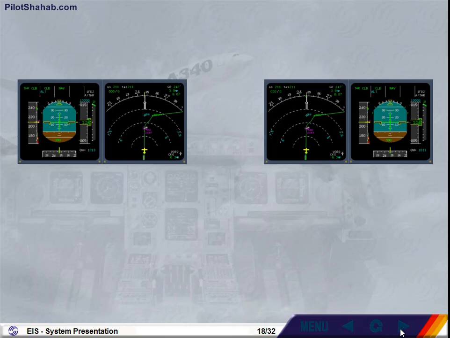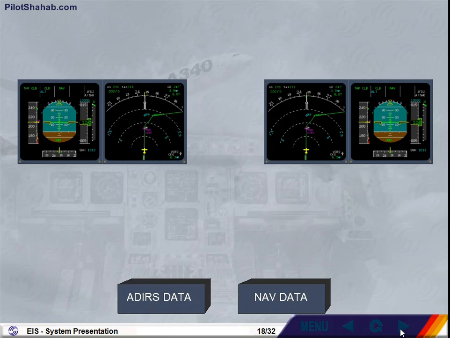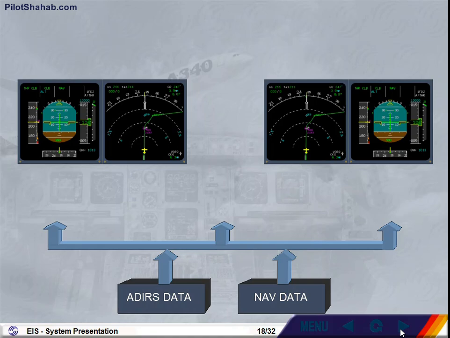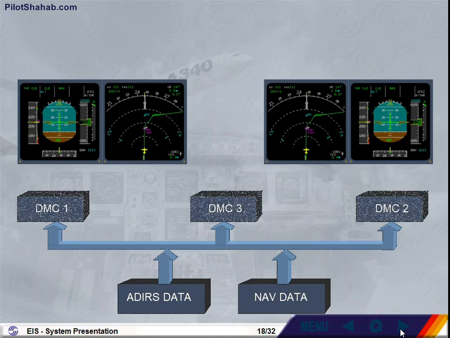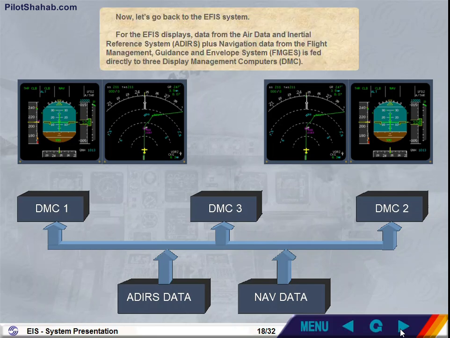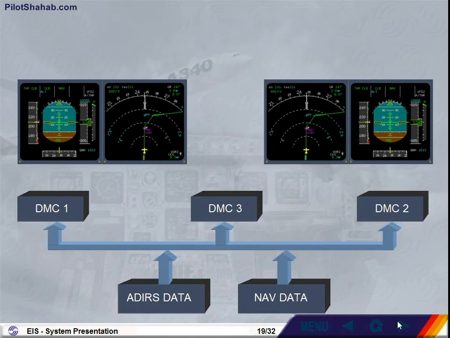For the EIS displays, data from the Air Data and Inertial Reference System, ADIRS, plus navigation data from the Flight Management Guidance and Envelope System, FMGES, is fed directly to three Display Management Computers, DMC. The three identical DMCs process the data and generate the images to be displayed.